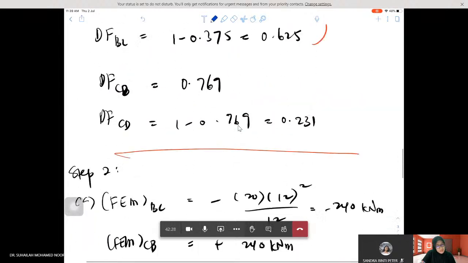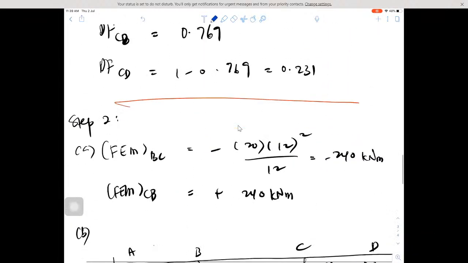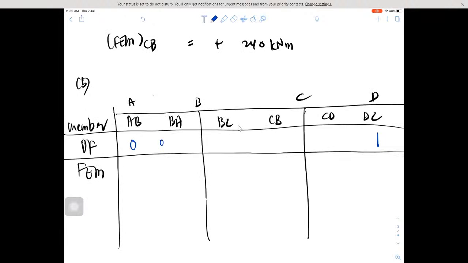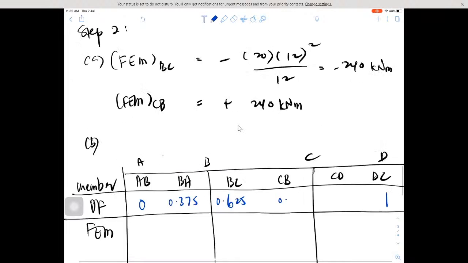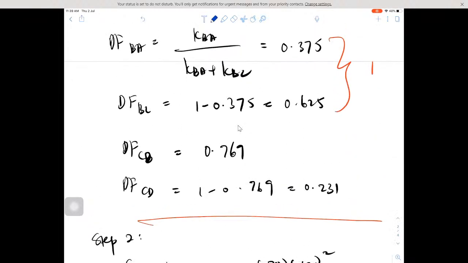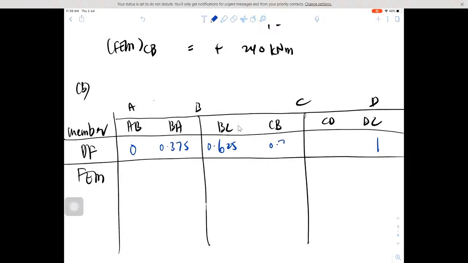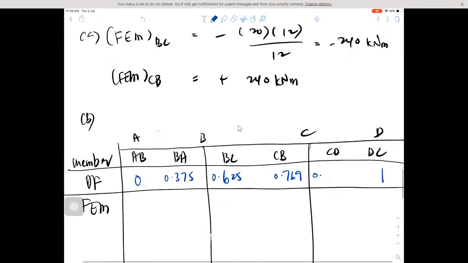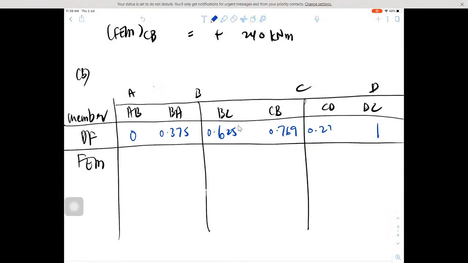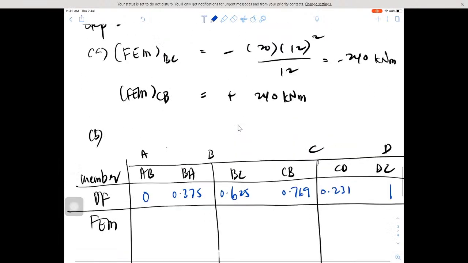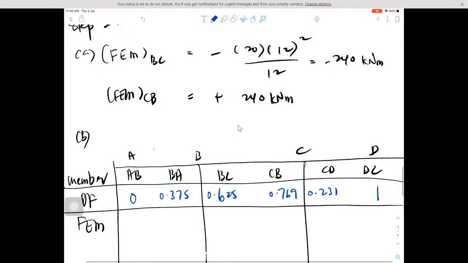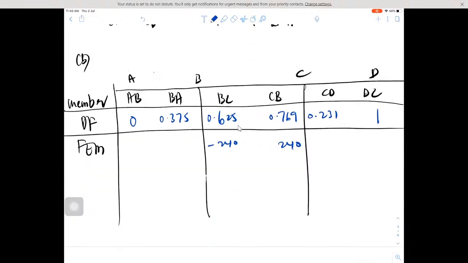And then we have 0.375, 0.625, 0.769, and 0.231. Then the fixed end moment: for BC, negative 240, and for CB, positive 240. Like this. We will start with the first distribution.